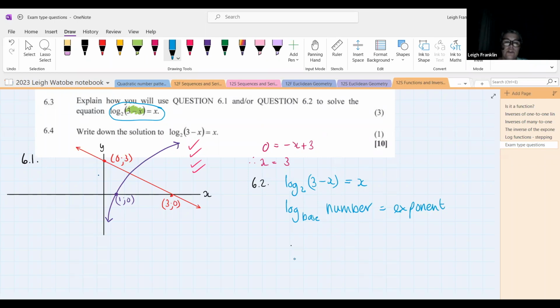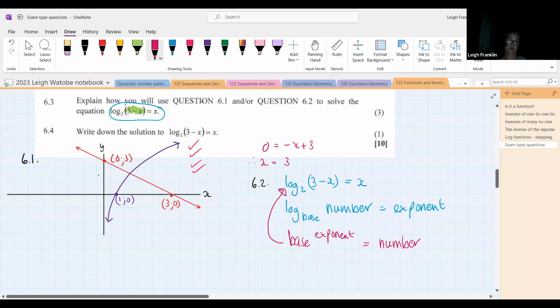So what I want you to do now is write base to the exponent equals number. Okay, so now we're going to write base to the exponent equals a number. So how can I apply that to this? What should I write? Anyone got any ideas?